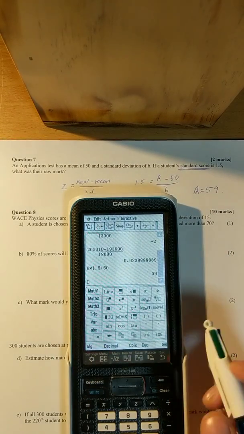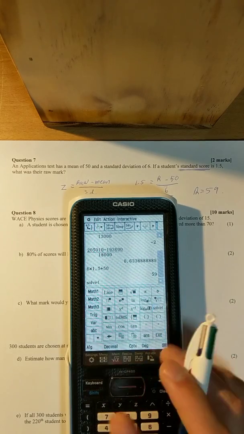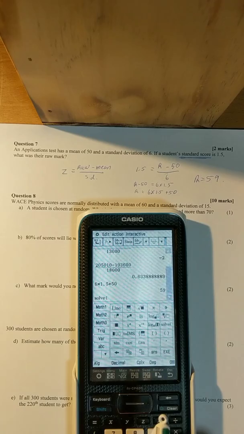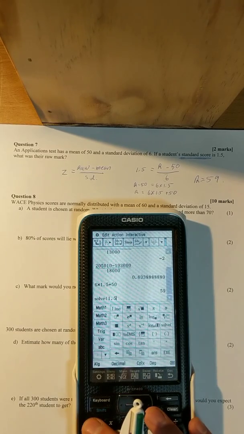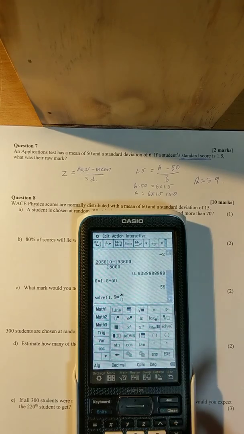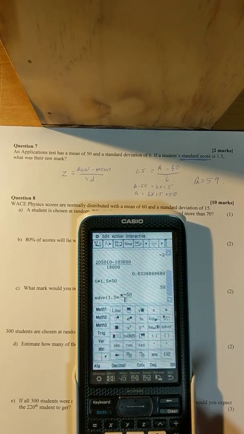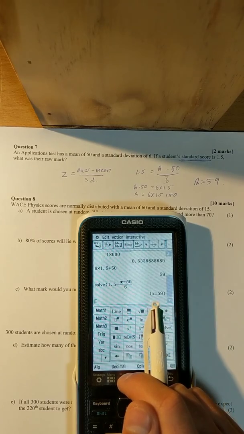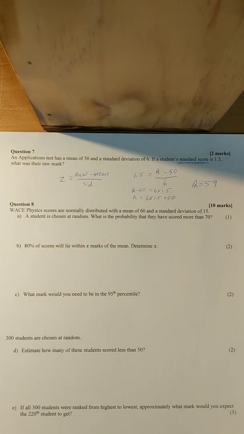Let's get my keyboard up and let's go solve. And I'm going to use X here instead of R, and I'm going to say 1.5 equals X minus 50 divided by 6. And I'm going to let it solve it for me and get X equals 59.